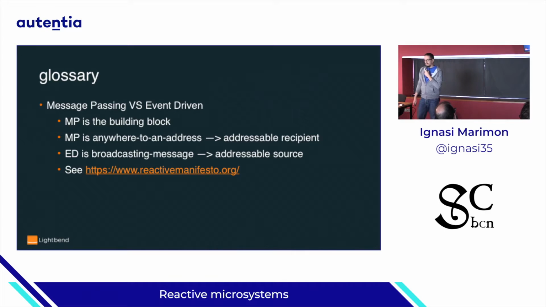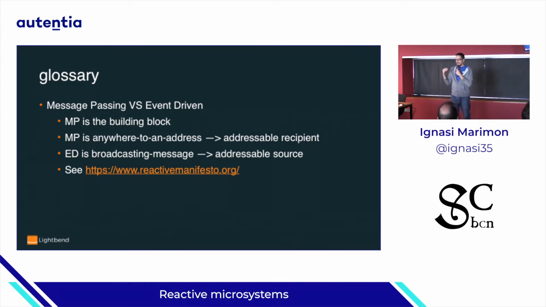The other detail, because it's also a source of confusion over and over: message passing is not the same thing as event-driven or event passing, okay? Message passing is a building block. Event-driven is a feature, sort of.